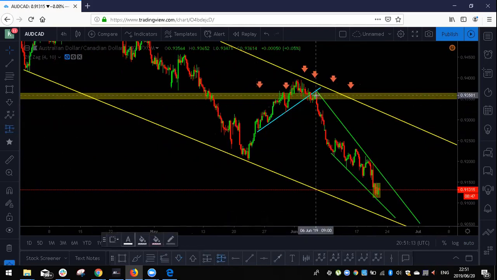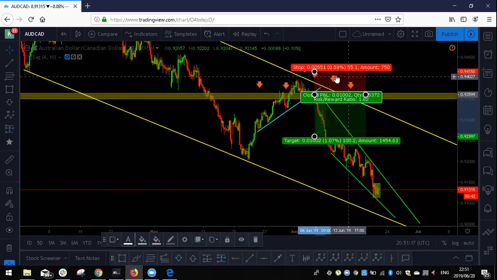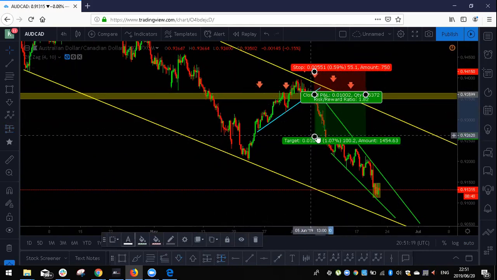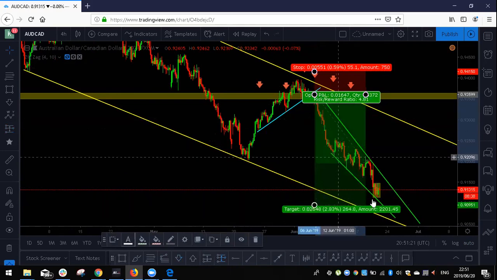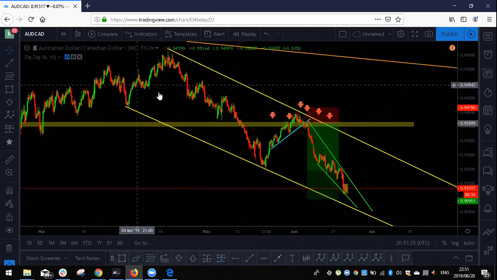You can short, maybe from that retest, and have your stop loss outside the zone. And then you can use that target, because this is a zigzag. Can you see that?